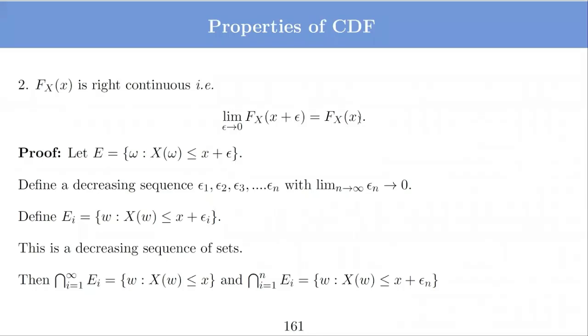In simple words, suppose x is 1. If you look at the value at 1, and the value at 1 plus 0.00001, then those values should be close. And as you decrease further, the CDF value should come closer to F at 1. There should not be any break from the right hand side, but there can be a break from the left hand side.